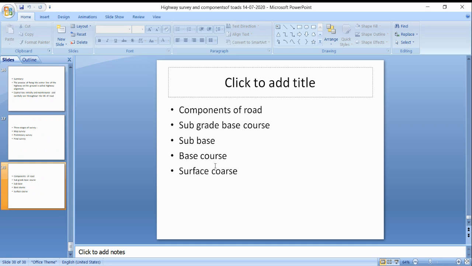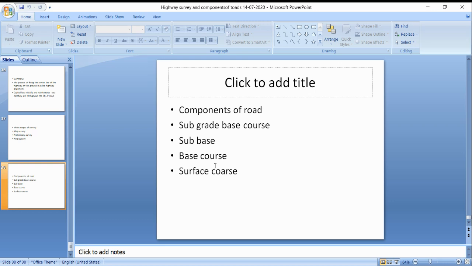Next we have seen the component parts of the roads: subgrade, subbase, base course, and surface courses. All these we have seen. At the finalizing of the route, these points are also to be kept in mind: earthwork should be minimum, and cutting and banking should be balanced where possible, and the gradient should as far as possible be within the permissible ruling gradient.